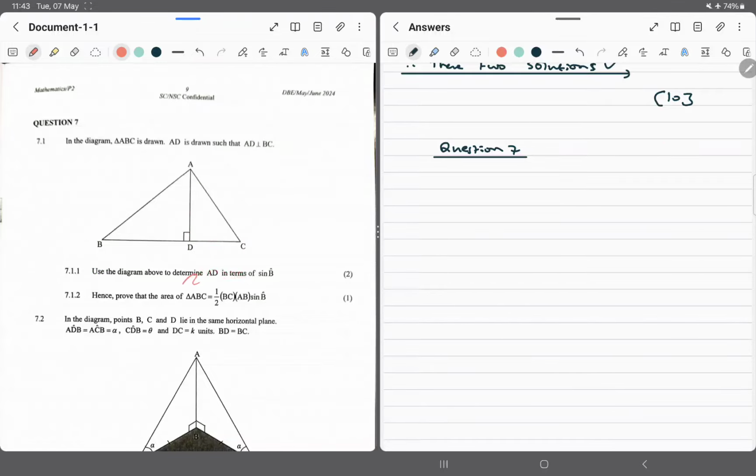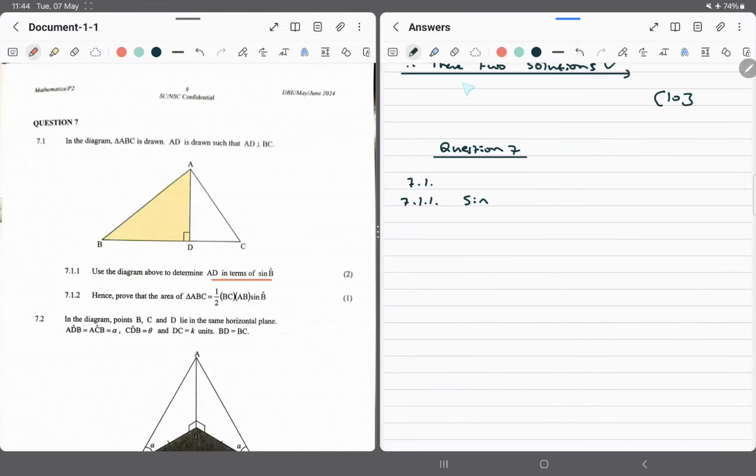Use the diagram above to determine AD in terms of sine B. Okay, that's easy, because now we focus on this triangle. So we have to focus on that yellow triangle. You can see it's a right-angled triangle, and we need to represent AD in terms of sine B. So that's easy. So we can say 7.1.1.